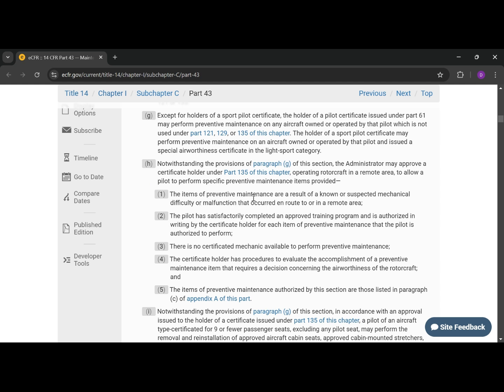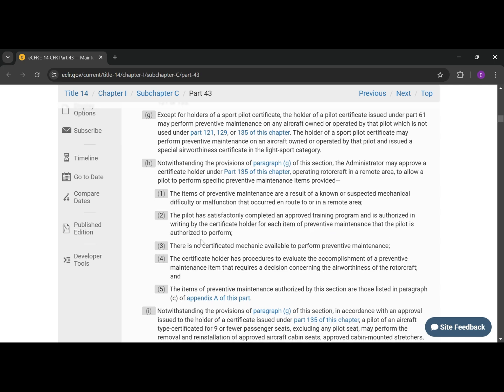The items of preventative maintenance are a result of a known or suspected mechanical difficulty or malfunction that occurred en route to or in a remote area. The pilot has satisfactorily completed an approved training program and is authorized in writing by the certificate holder for each item of preventative maintenance that the pilot is authorized to perform.